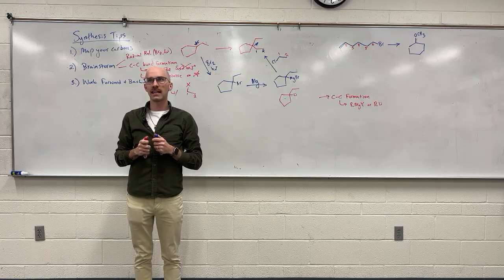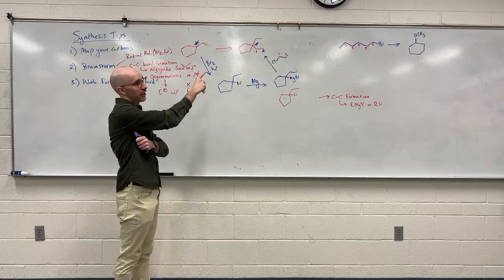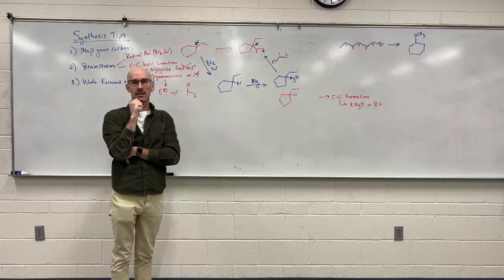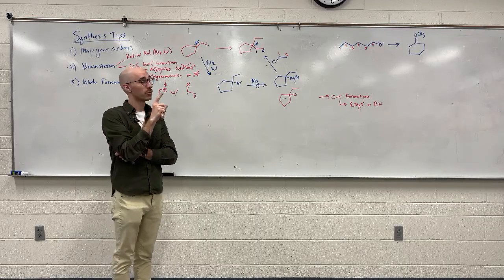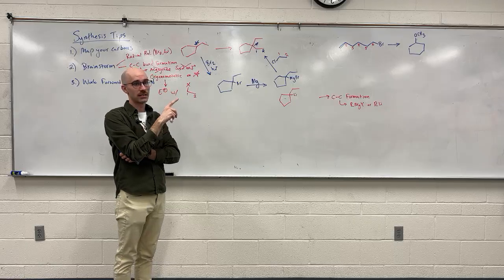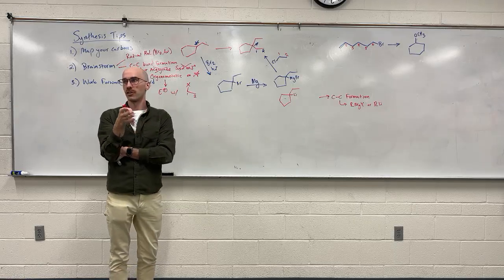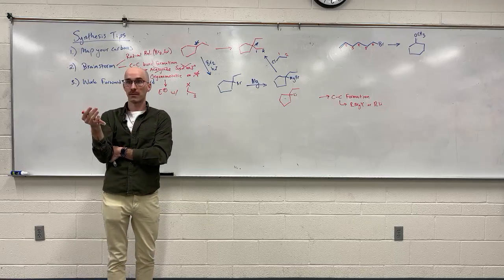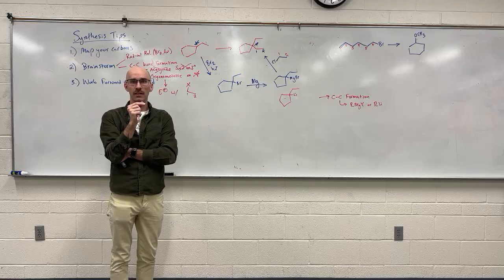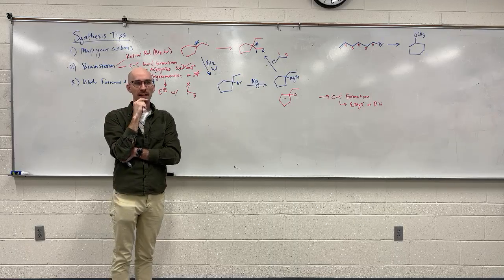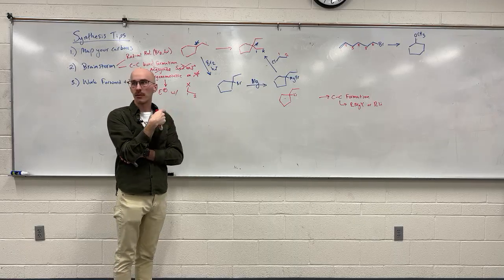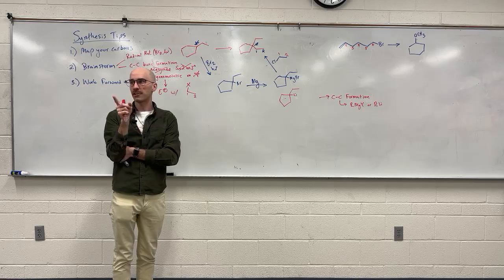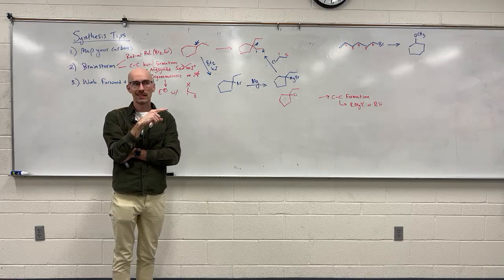So I say instead, let's turn that group into our nucleophile. We'll turn the bromine on carbon 6 into a Grignard or into an organolithium, and we'll make carbon 6 the nucleophile. Well, then I just need to find a way to attack carbon 1. And I want to make sure I attack carbon 1 and not carbon 2.